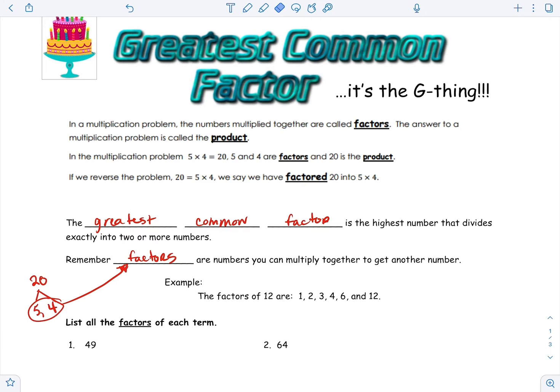So, for example, let's say we have 12. The factors of 12 are 1, 2, 3, 4, 6, and 12. And you may be like, if I multiply all those together, miss, I am not getting 12. That's true. However, if you take 1 and multiply it by 12, you get 12.